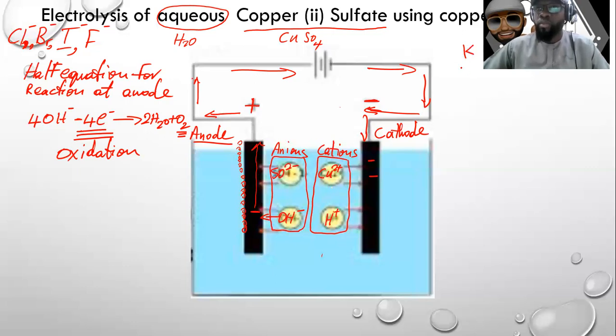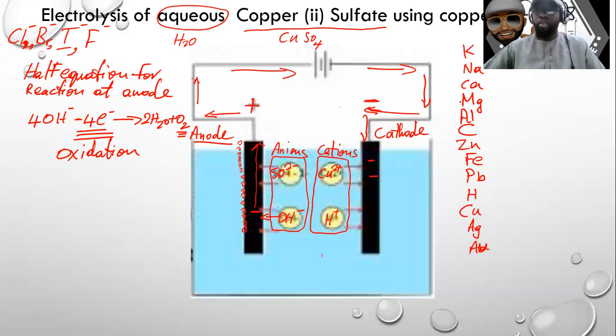Potassium, sodium, calcium, magnesium, aluminium, carbon, zinc, iron, lead, hydrogen. After hydrogen, we've got copper, then silver, then gold.